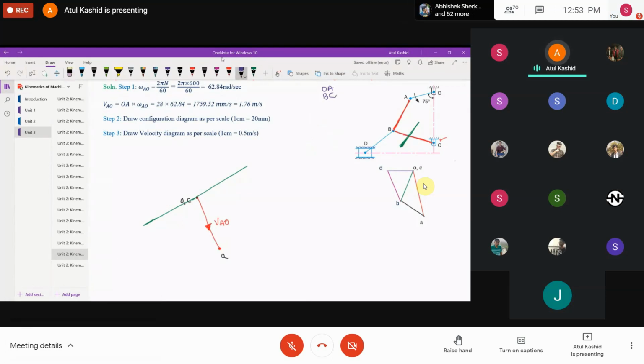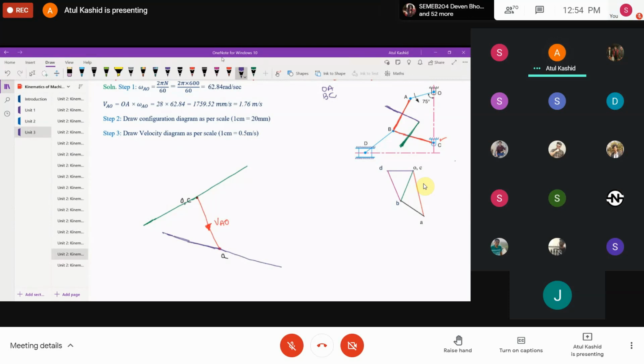As I'm considering AB, so it will be perpendicular to the link AB, right? And it should be started from which point? A point, right? So what I will do, I will draw one vector which will be parallel to this. And I will extend it on both the sides because I don't know the direction. Okay, so this is my direction for the AB.